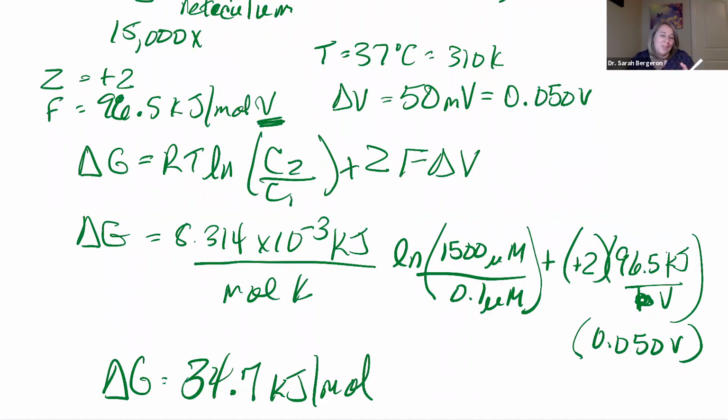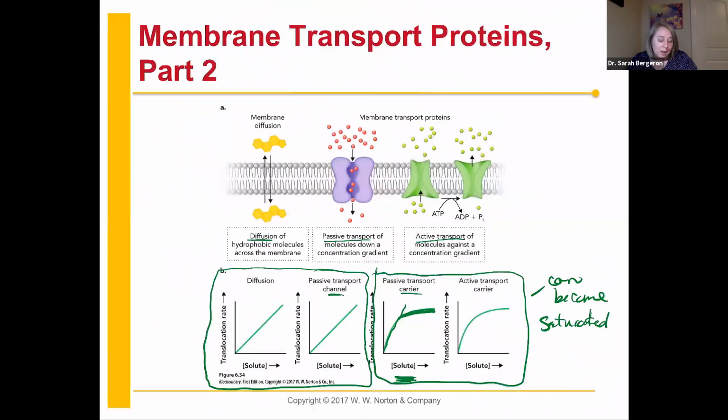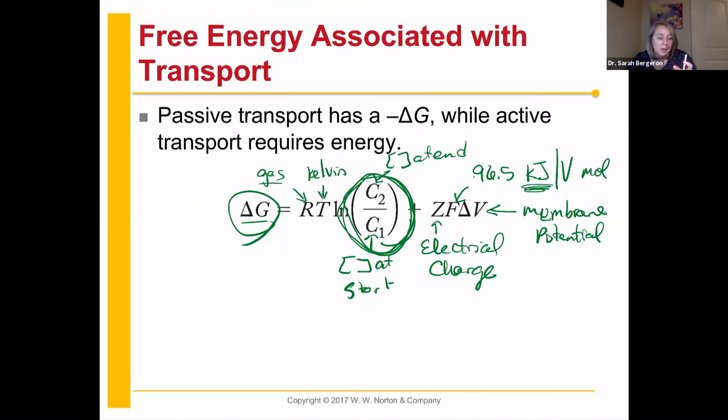And so you get about 50 kilojoules per mole of ATP, and we'll learn about that in a little bit. Okay, so those are our two examples for how we can calculate whether it's going to be spontaneous, whether it's going to just diffuse across the membrane, or we're going to have to actively transport it.